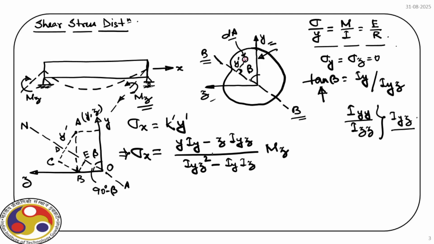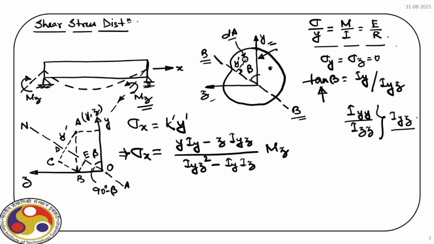Now if you look at this expression, again it's a linear variation, because we have y to the power 1 and z to the power 1. So as we move away from the neutral axis, we find out this y and z for that particular point. Say for example, if we take this point, we know the coordinate of this point.